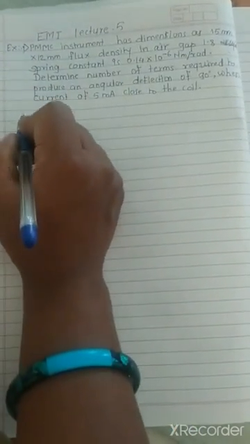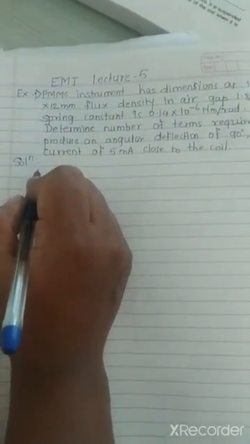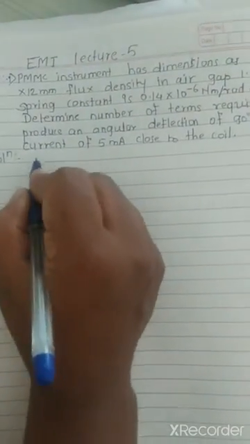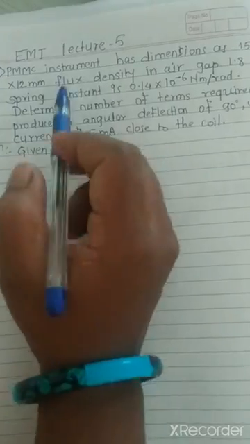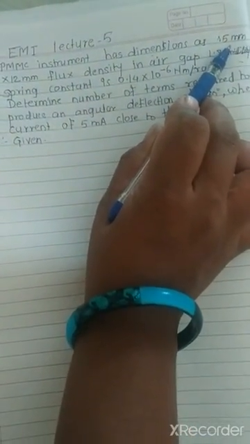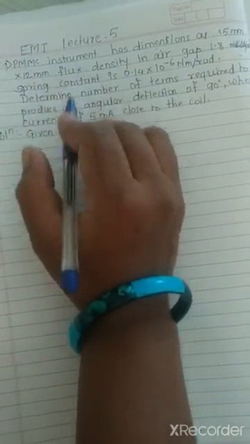I will write here solution. In solution, first of all I will write the given data. Here the instrument has dimensions as 50 mm into 12 mm. 50 mm is the length of the coil and 12 mm is the width of the coil.